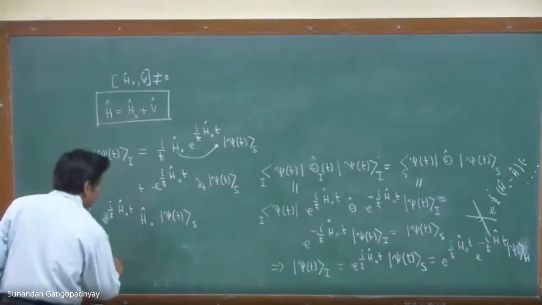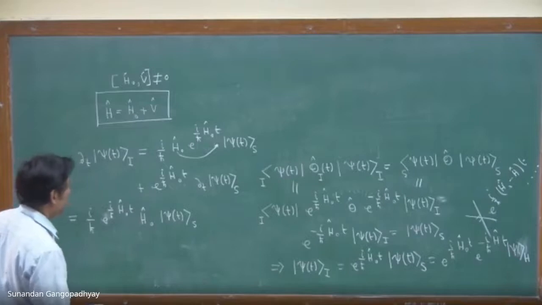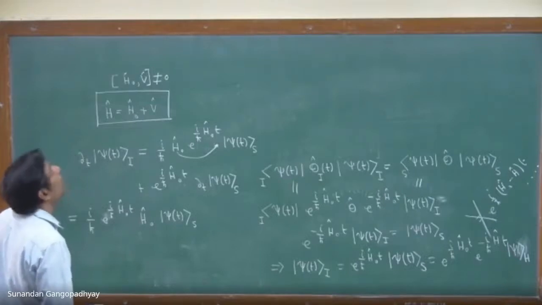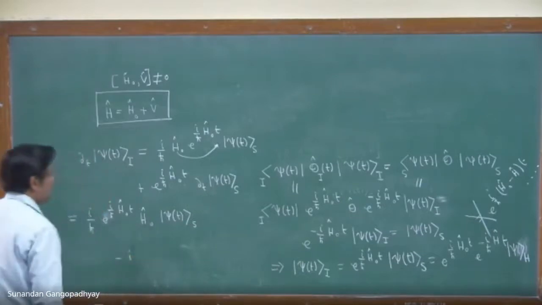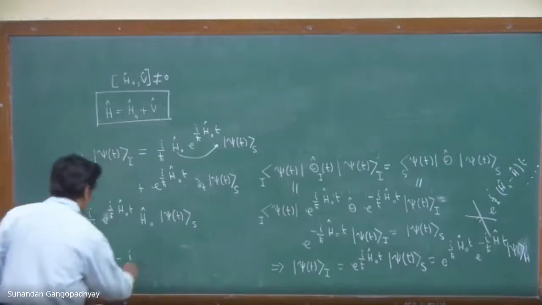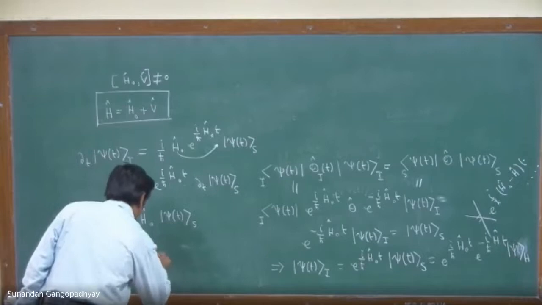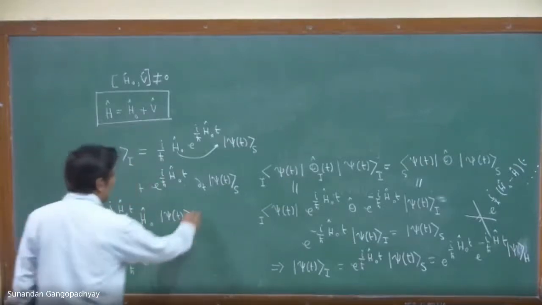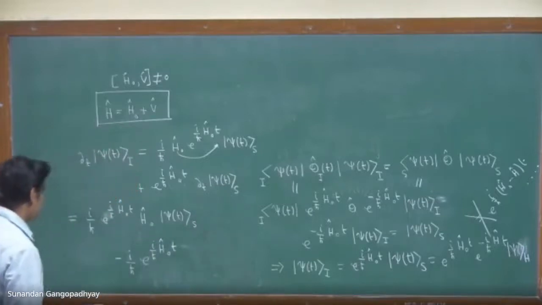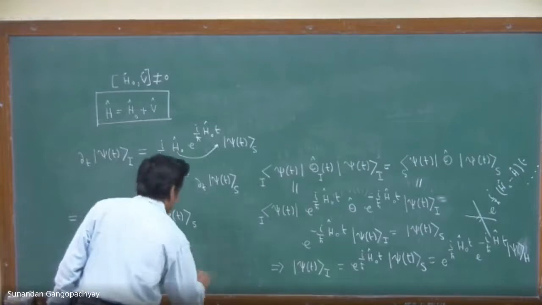If you apply the Schrodinger time-dependent equation, what we shall get is i H bar del t psi t S, so that will give us H hat.